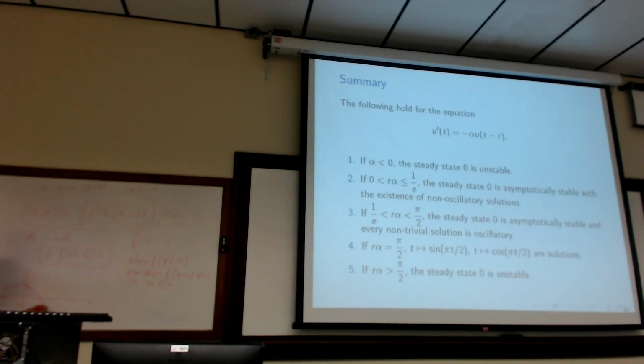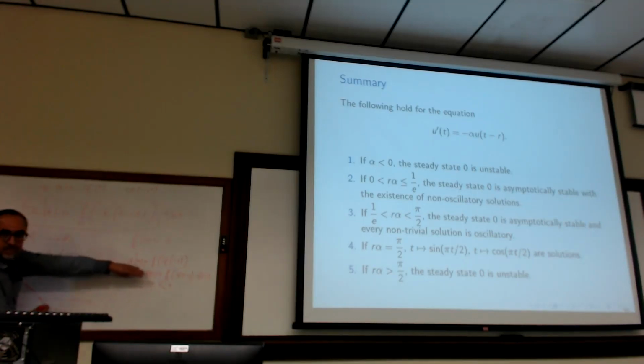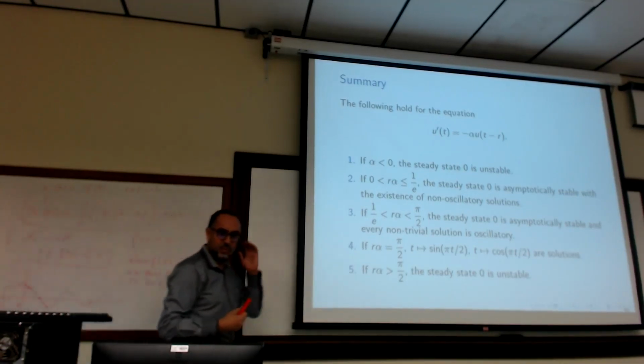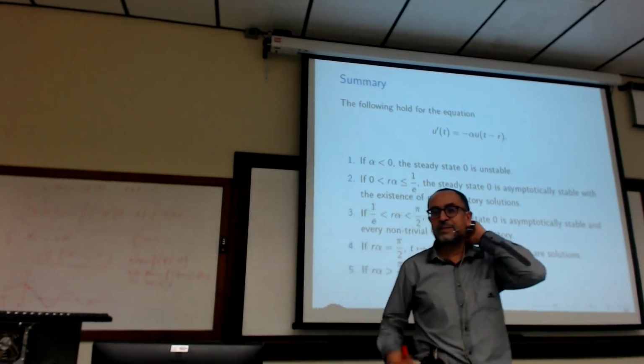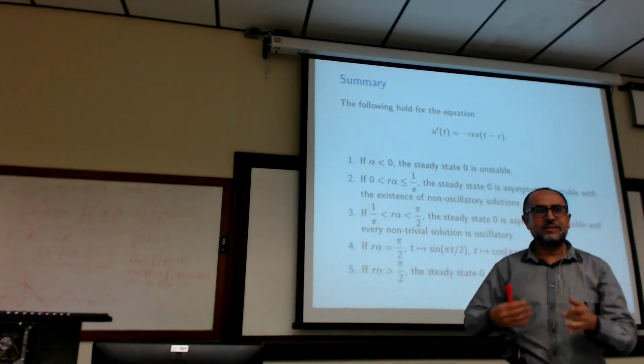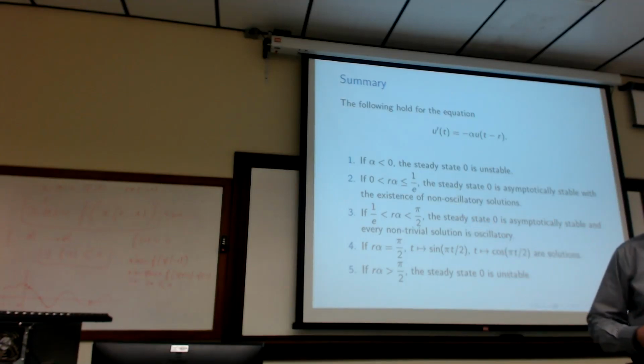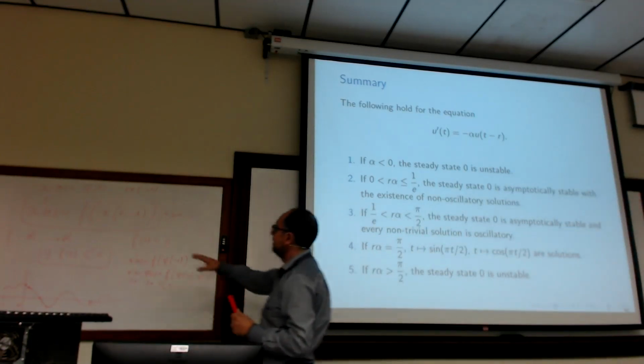If we take this one and do the same thing in the negative part, we will increase, etc. You will do it all the time, and you will prove that there are oscillations.